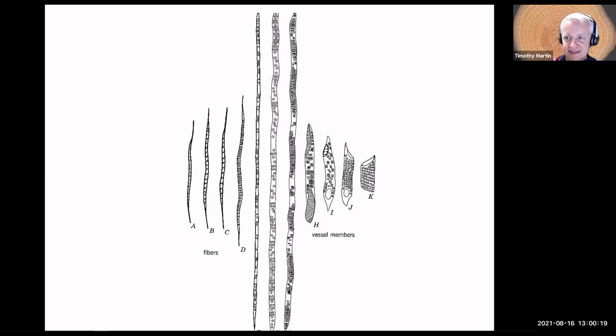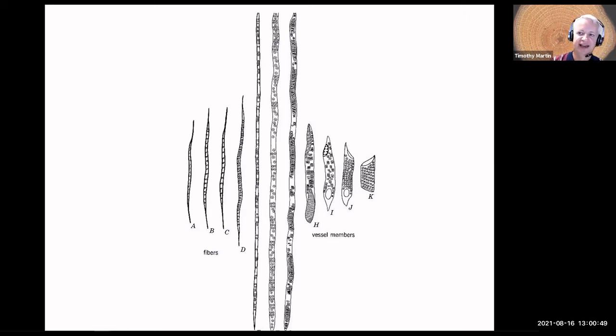What that means is that tracheids have to have relatively thick cell walls to provide mechanical support. And that means they can't be very big, because if they were big and had really thick cell walls, a lot of carbon would have to be invested in those cell walls. So those tracheids are constrained to be pretty small to be both strong and to transport water.